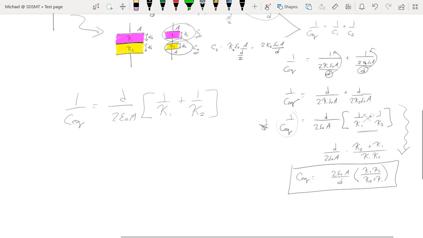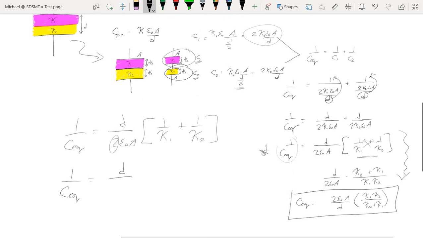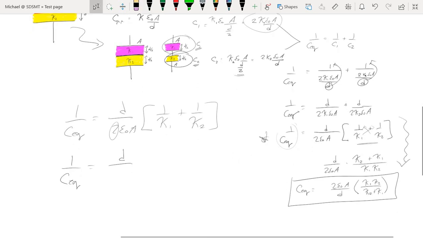But basically what we have here is that 1 over the equivalent capacitance for our circuit is going to equal d over, this 2 came from the fact that we had to divide the thickness into those appropriate segments, so I'm going to say n, where n is the number of distinct equal portions that we have to break things up into.